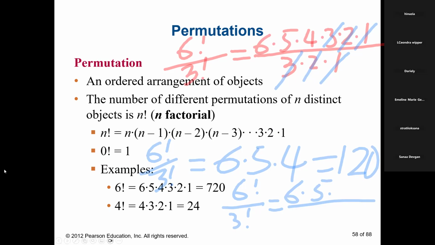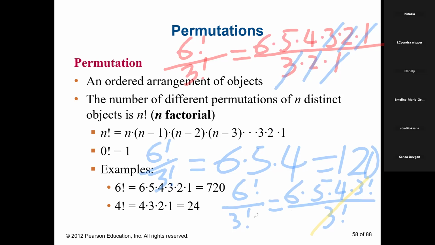Can go all the way down to, I'm gonna stop at 3. Because the bottom number here is what? Is 3 factorial. And then I cancel the 3. See here, I still get 6 times 5 times 4. Is this clear?